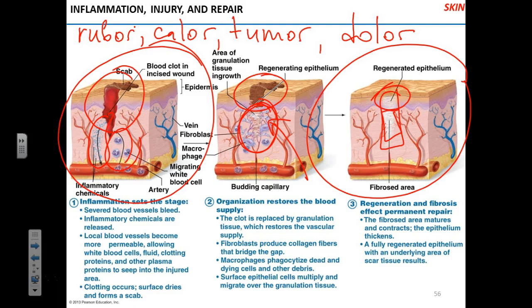What is the ultimate outcome of inflammatory process? To heal, yes, repair. Now, the bummer with the heart is that muscle cells of the heart, they don't divide. If they're dead, they're gone.